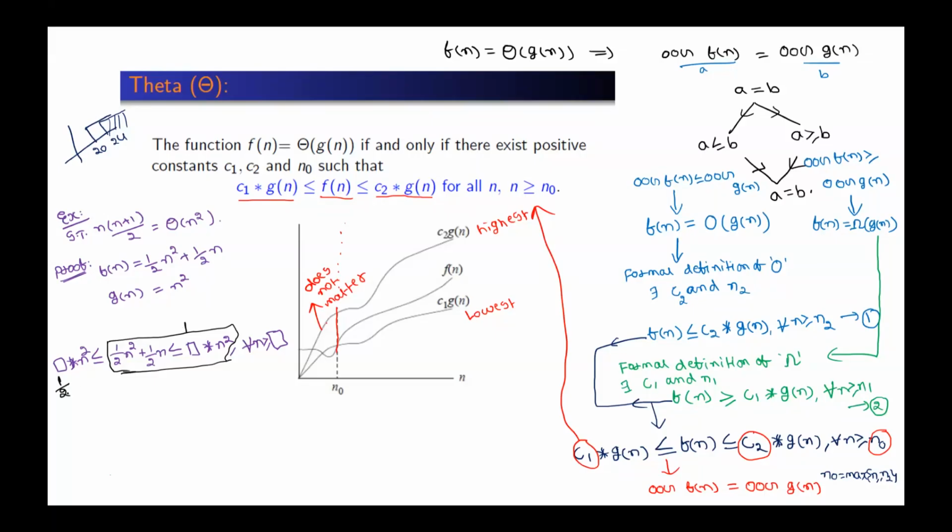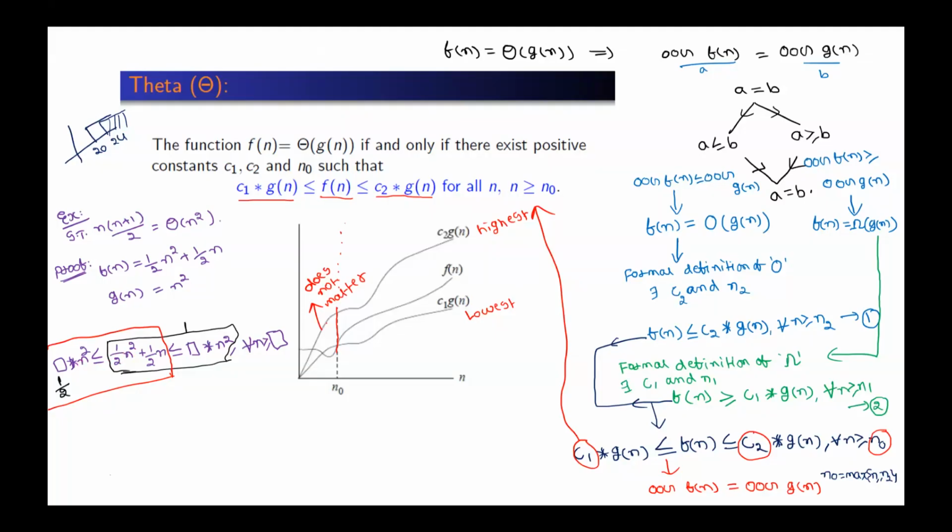Similarly here for big omega. Now the other left side, the red color part: here 1 by 2 into n square plus 1 by 2 into n is there. This should definitely be greater than 1 by 2 into n square. Is that correct?